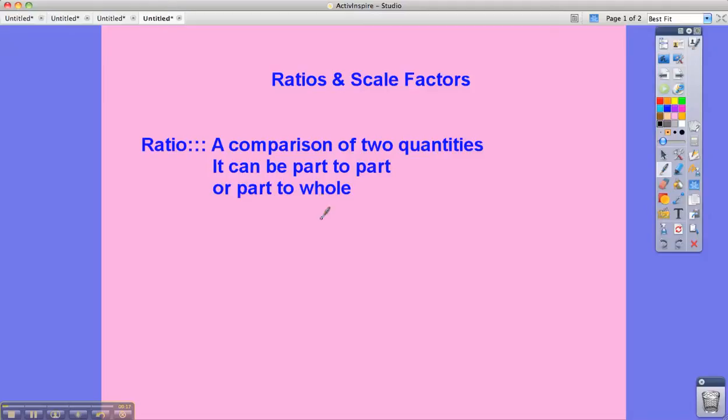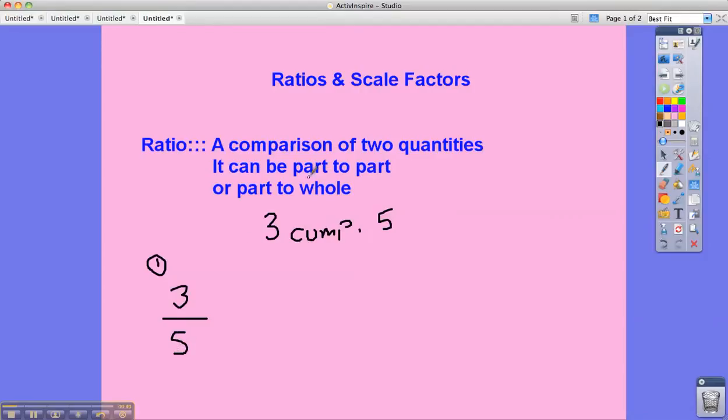So I'm just going to pick any two numbers I can think of. I'm going to pick 3 compared to 5. So the three ways that we write a ratio, the first way is just like we wrote a fraction. So 3 over 5.